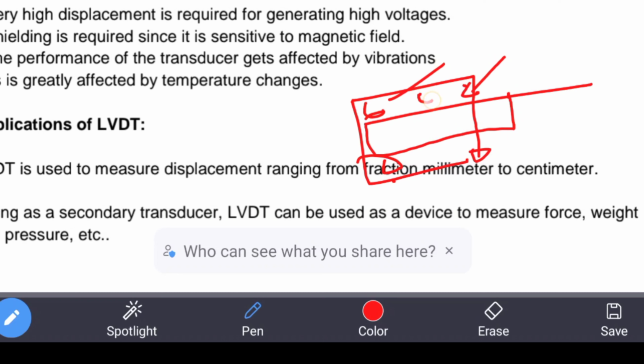You can place four or five load cells, and if you increase the number, the sensitivity increases. These load cells act as LVDTs and produce voltages, and then the object's weight can be measured using load cells or LVDT.